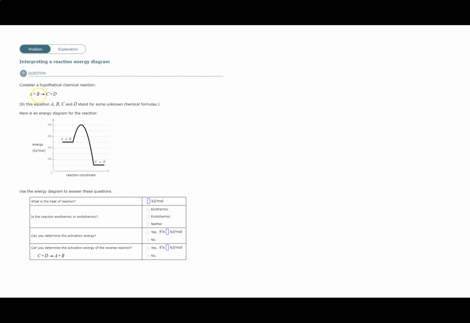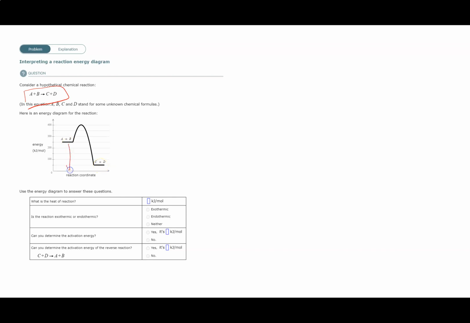So here's a hypothetical chemical reaction. All chemists love this one. A plus B gives C and D. It doesn't really matter what the reactants and products are here, other than that the products are different from the reactants. So here's our energy diagram. We know that the reactants are written on the left and the products are written on the right.